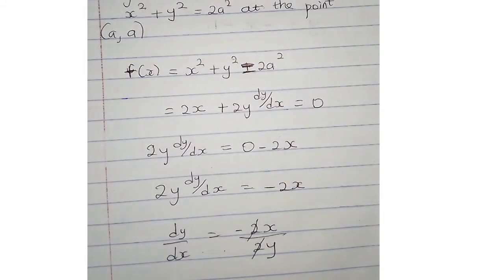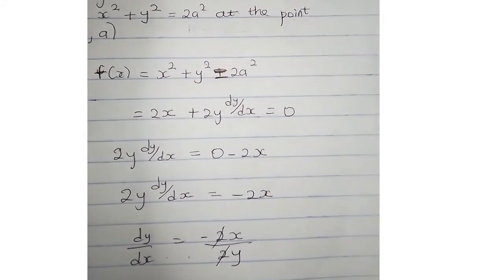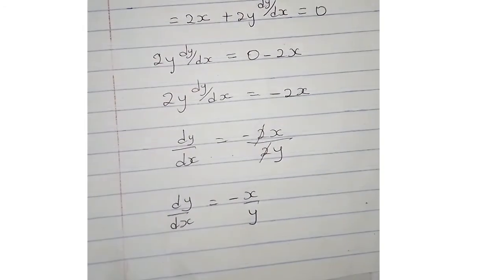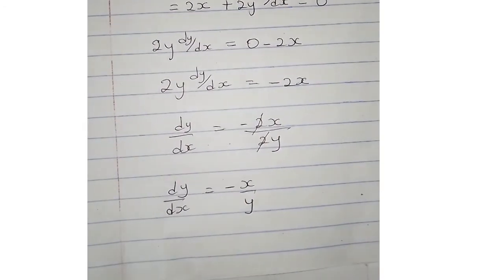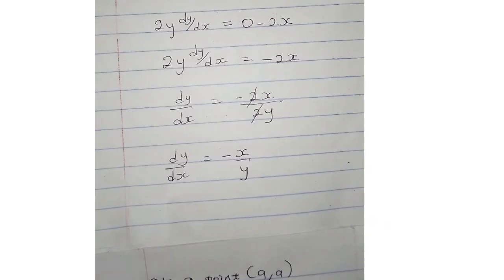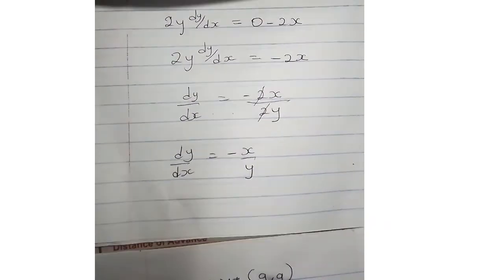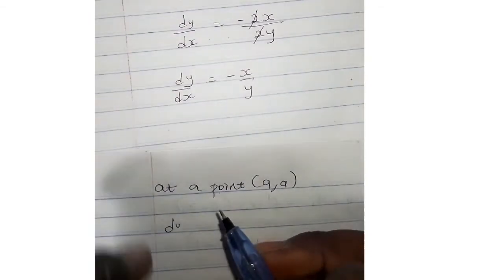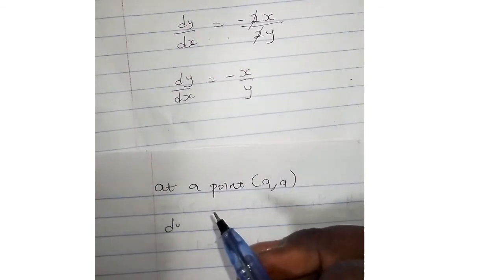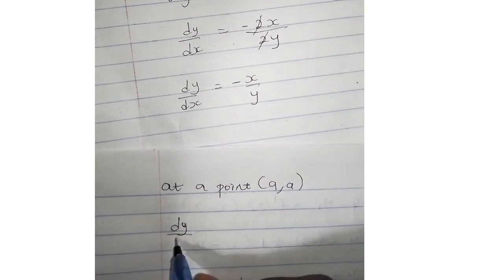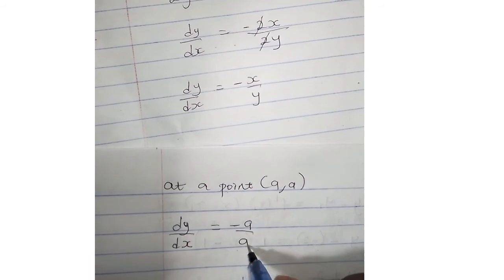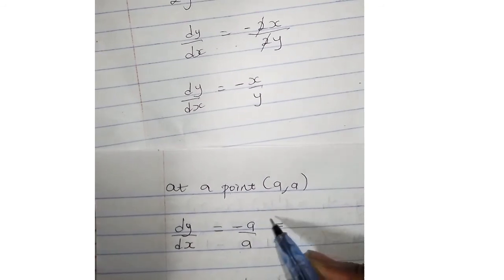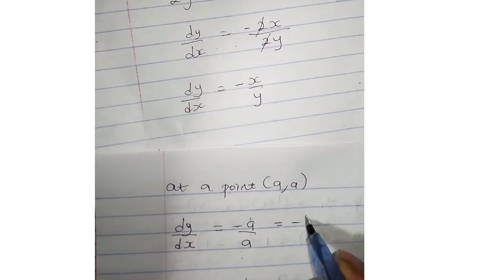And we were given the point a, so therefore our dy/dx will be equal to minus a over a, which, when this cancels this, leaves us with minus 1.